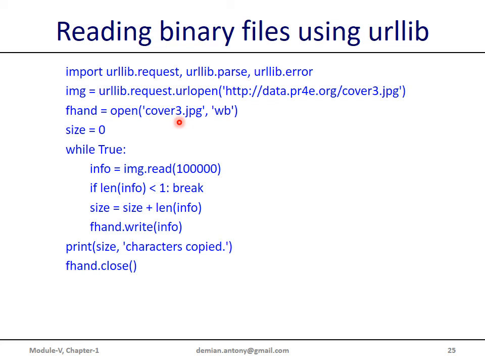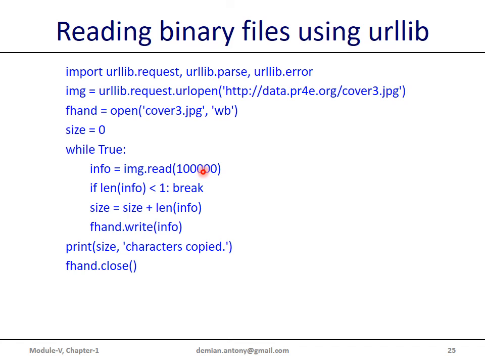It is also helpful if you have a high resolution image file of 50 MB, or an image of size 1 GB. In that case, it is better to open the file using urlopen, and then open the destination file in the secondary storage in write mode, and you read maybe 5000 bytes at a time or 1 lakh bytes, or whichever, based on the capability of your main memory.